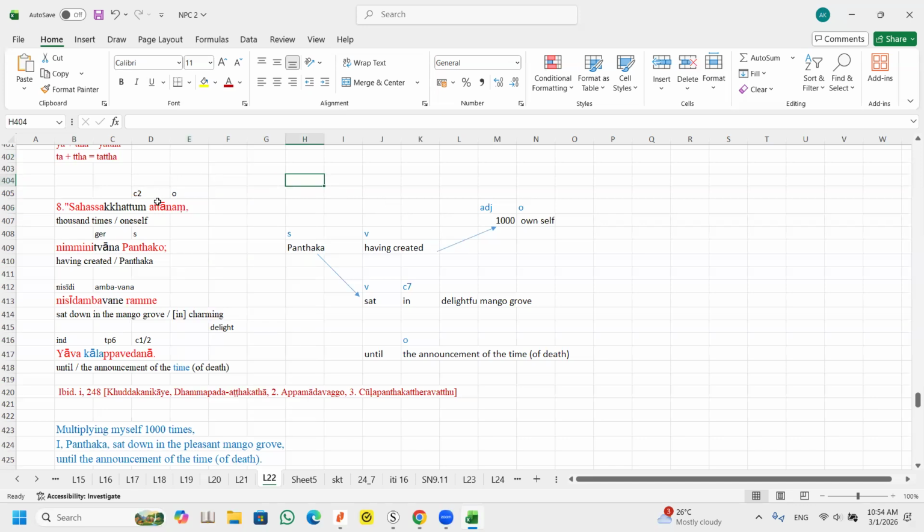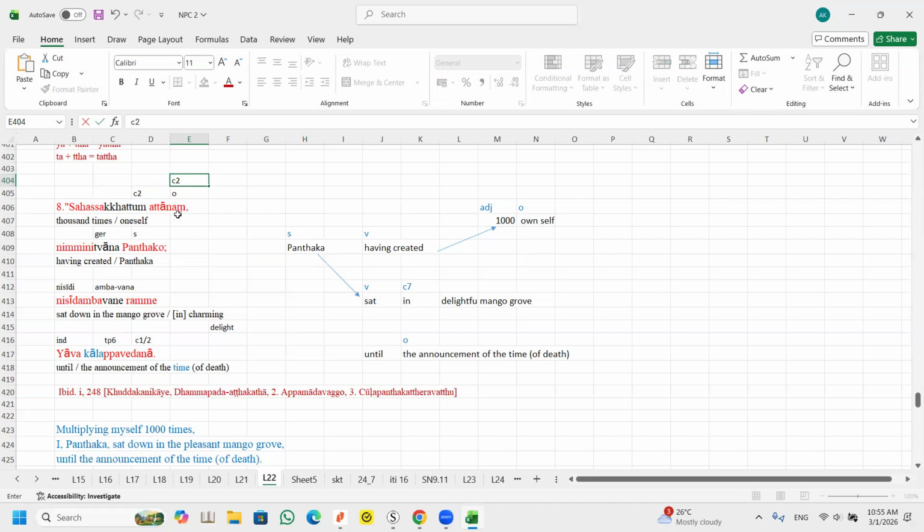Atta, if you decline it, the nominative singular is atta with a long A. This is atanang, the object. This is the object. Then what do you do? First line, we do okay. Can you see this case and this case? They are the same case.